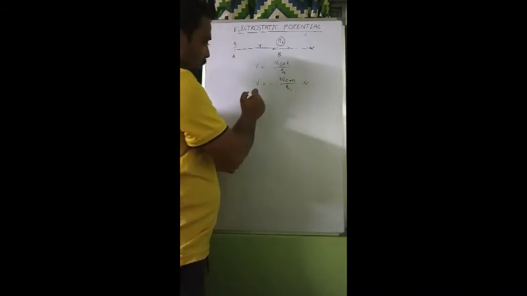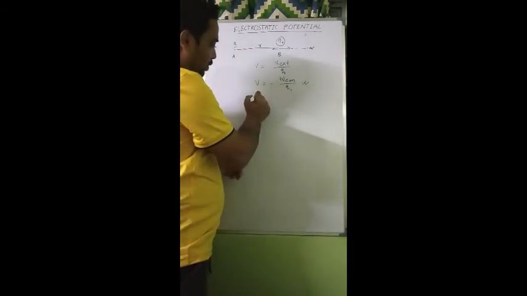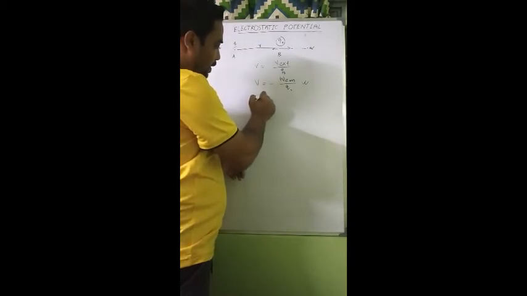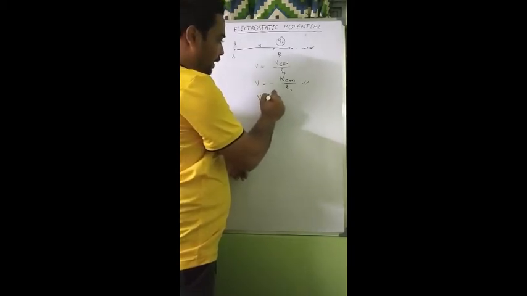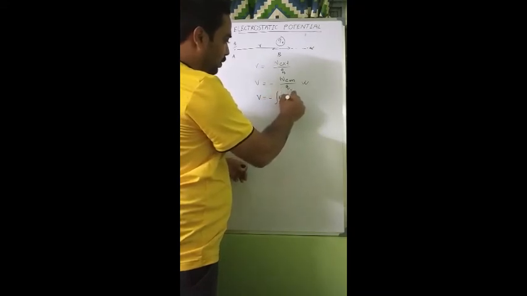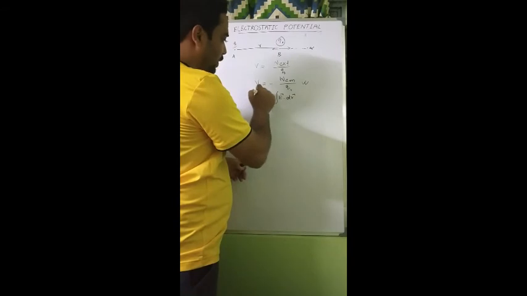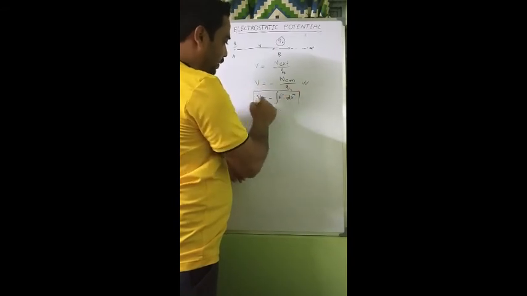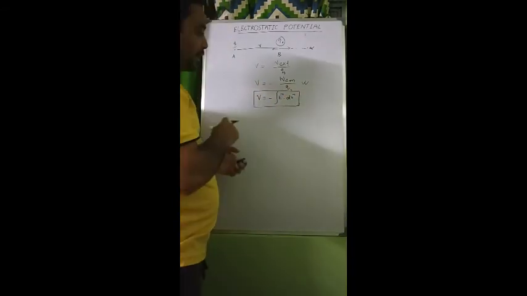And here we can make one more consideration: the potential V can also be written as minus the integration of E dot dr. So this is one relation between electric field and potential.